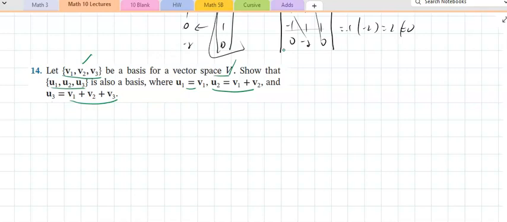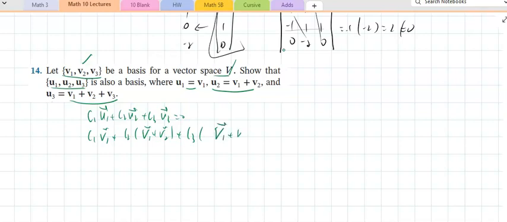Well, let's see. What we want to show is C1 U1 plus C sub 2 U sub 2 plus C sub 3 U sub 3 equals 0. Well, isn't that C sub 1 V sub 1 plus C sub 2 times V sub 1 plus V sub 2, and isn't that C sub 3 times V sub 1 plus V sub 2 plus V sub 3 equals 0? Or simply, let's see, if I take V sub 1, I'm multiplying that by C1 plus C sub 2 plus C sub 3.